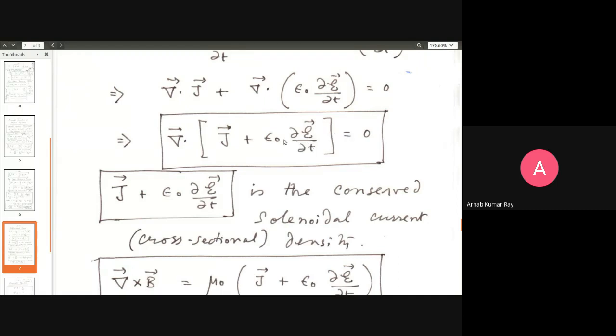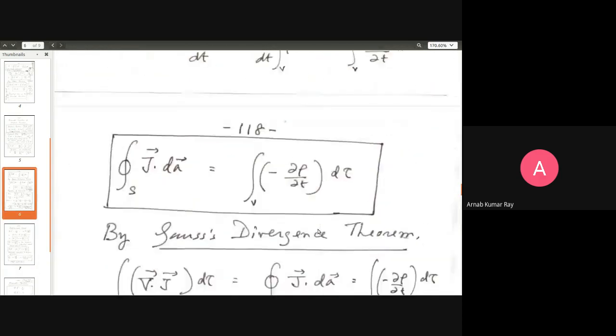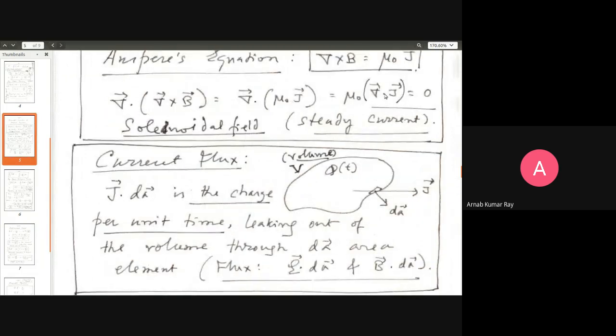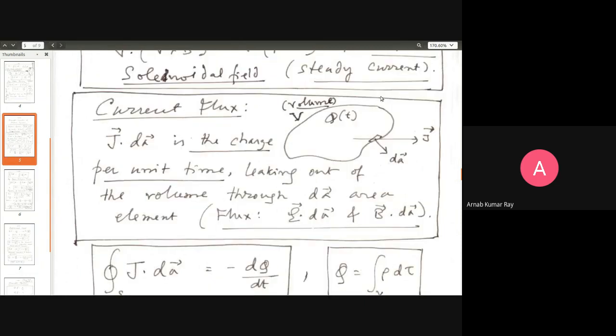If that is so, then the next conclusion is that J plus epsilon naught del del T of E is the conserved solenoidal cross-sectional current density. Here you have J as the conserved current density, a solenoidal field, right? Steady current. But when you bring in time variation, it is not divergence of J that is equal to 0.